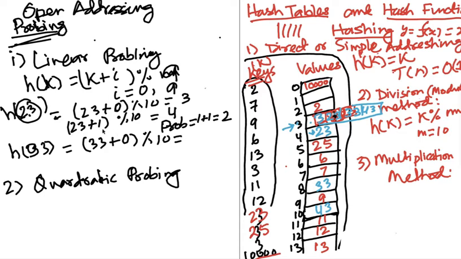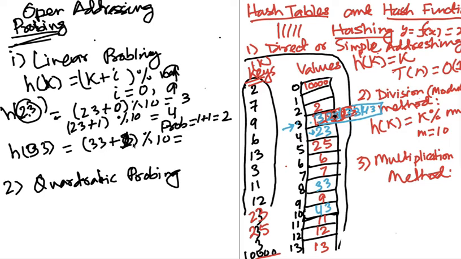Then i equals 2 gives 35, that means 5, that is already occupied. How about 3?